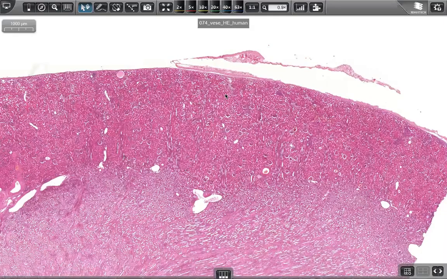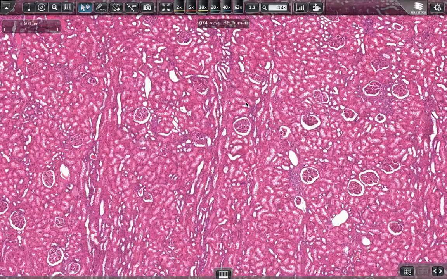The two sides of one medullary ray is referred to as a cortical lobule. This is a cortical lobule or renal lobule. And just between two medullary rays, this area is called the cortical labyrinth.